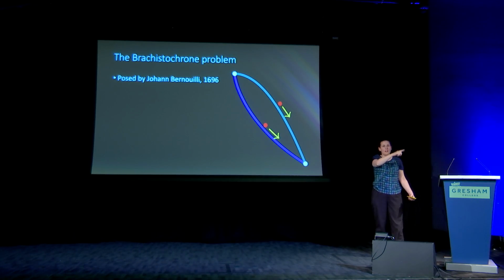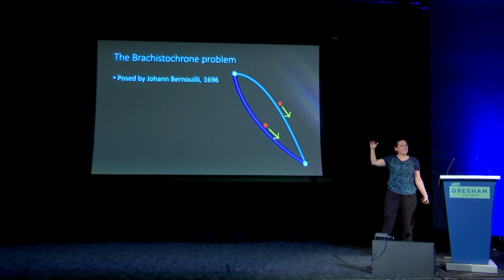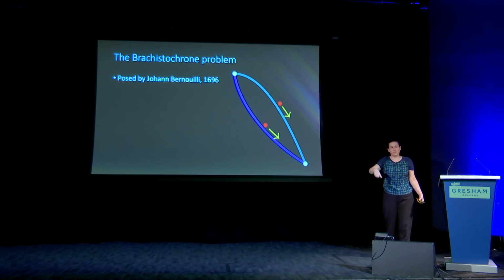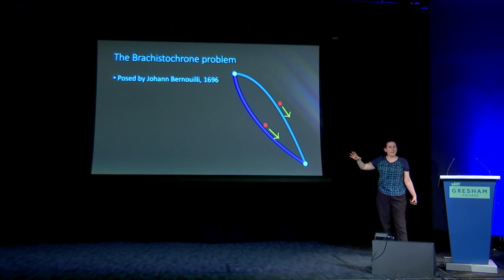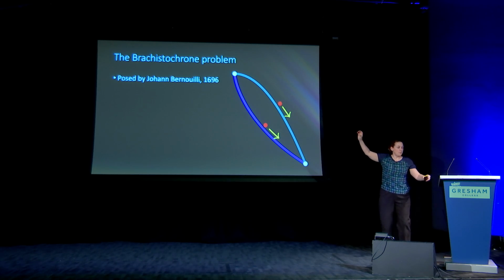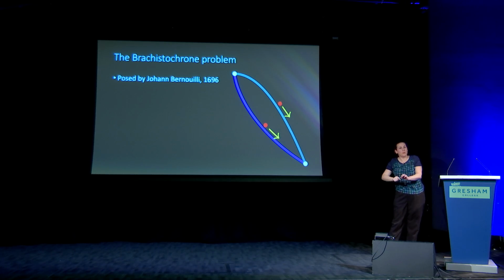We're not interested in the curve that has the same time to get to the bottom wherever you start from. What we're interested in is, if you have two points, a top and a bottom point, and you want a particle falling along a wire between them to get to the bottom in the quickest time, what shape should that wire be? What curve should that be? You could think of various guesses, like a parabola maybe, or an ellipse.